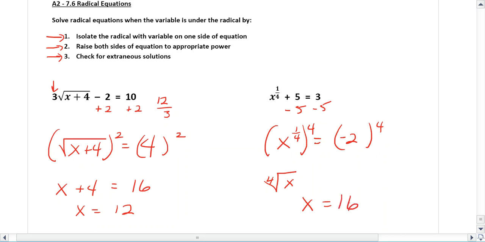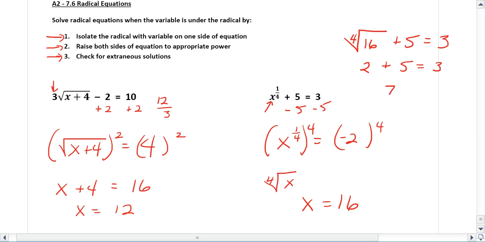And so once again, we want to check and make sure our solution is correct. So let's take this 16 and put it in for x. 16 to the 1/4 power is the same as writing the 4th root of 16. And then we're going to add 5 to that and see if we get 3. And the 4th root of 16 is 2, because 2 times itself 4 times is 16.